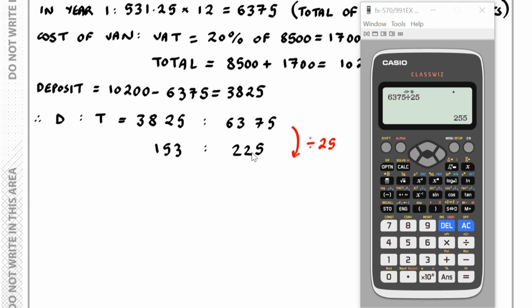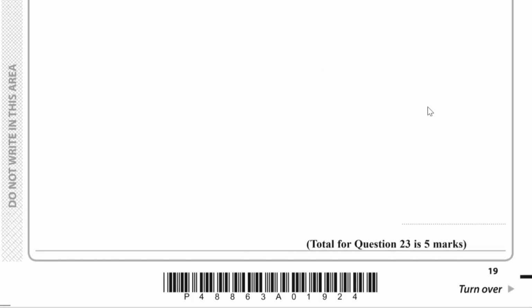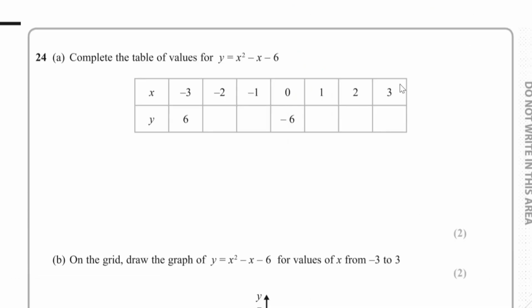And now I can divide through by 51. So here, if I divide through by 51, I get 3, and here I get 5. So the ratio in simplest form is 3 to 5.